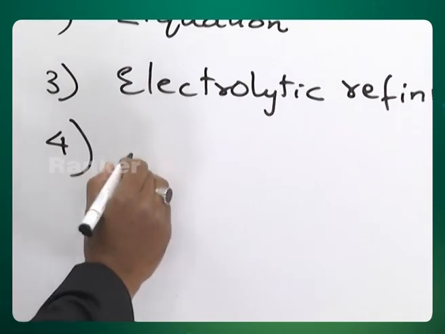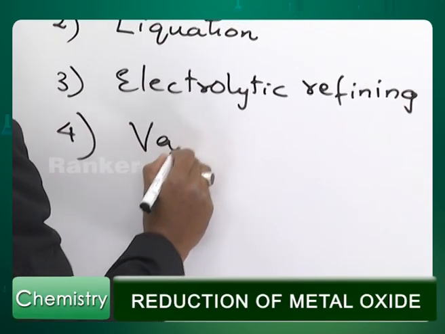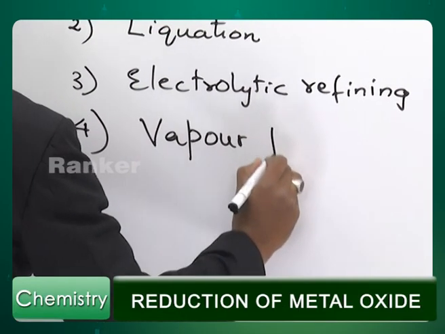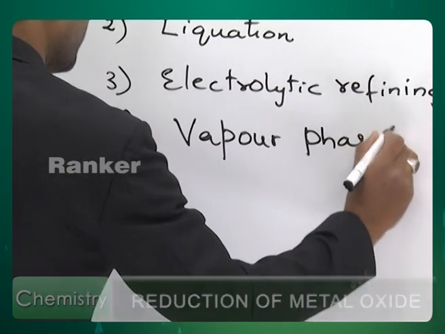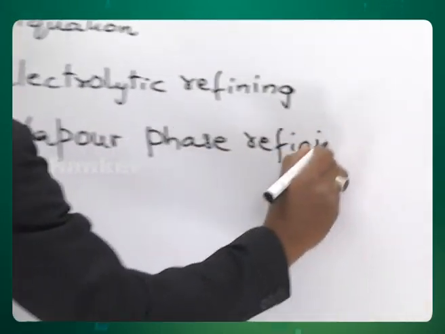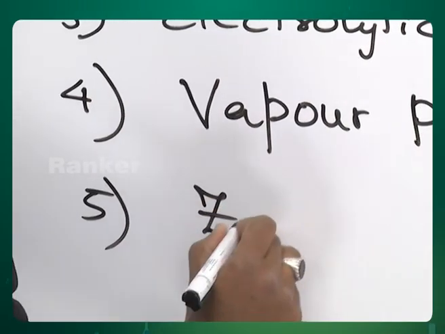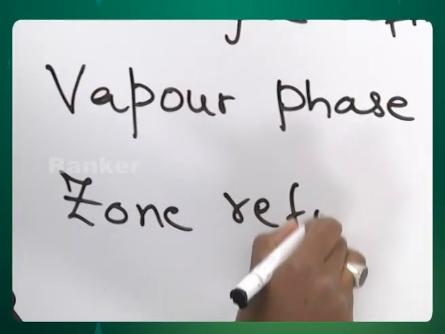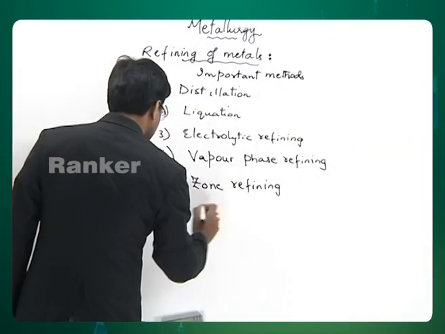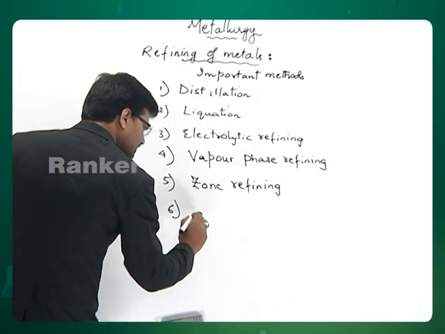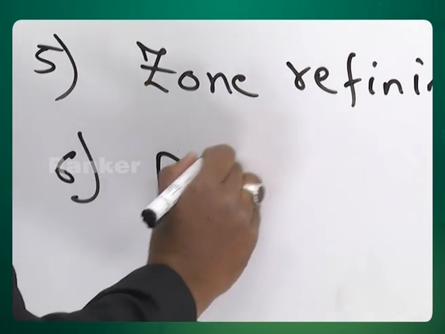Number four, vapor phase refining. Number five, zone refining. Number six is pooling.